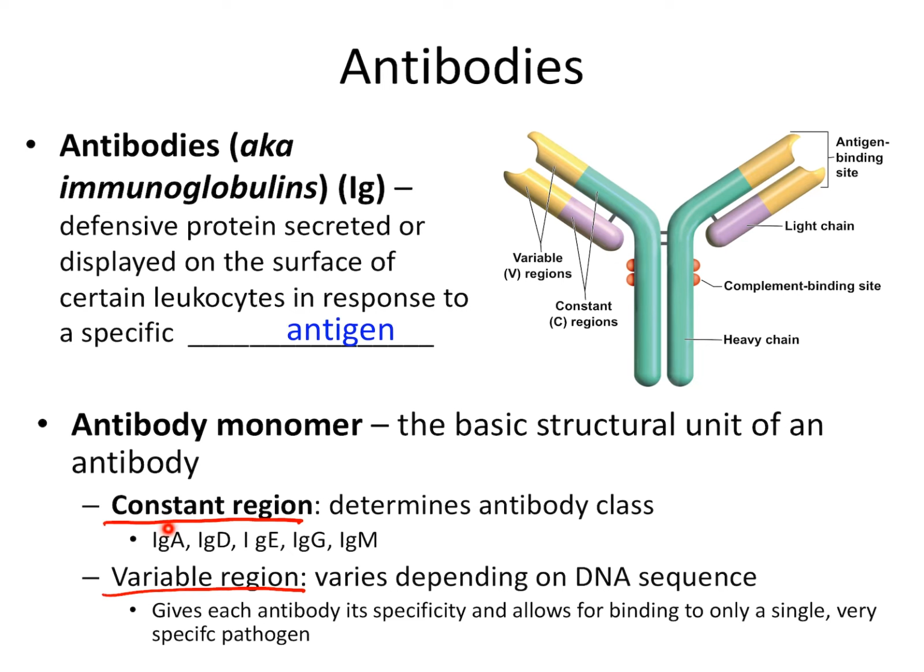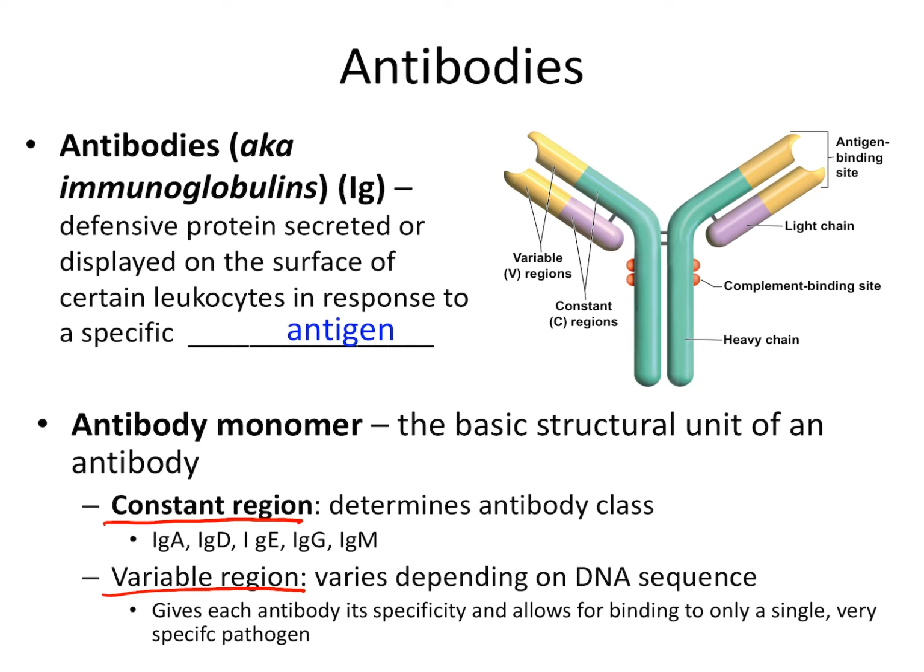Now, there are 5 different classes of antibodies, and we don't need to know the specifics of the individual classes, but you should understand that, for example, if 2 antibodies belong to the IgM family, they're going to have the same constant region. So in our image here, the purple chains and the green chains are our constant regions. So those are going to stay the same on all antibodies of that class.